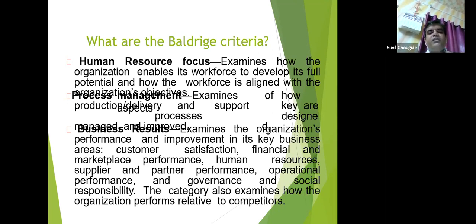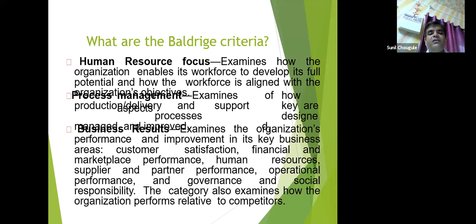Process management examines how production, delivery and support processes are designed, managed and improved. So this is what is related to process management. And business results examine the organization's performance and improvement in its key business areas.